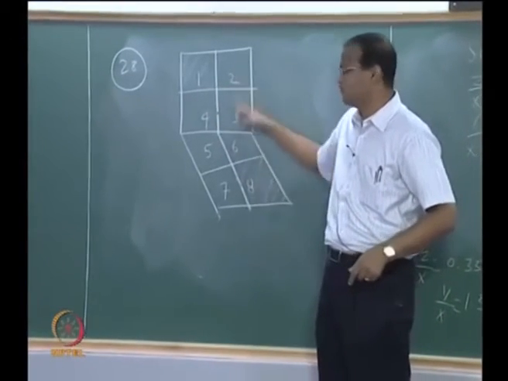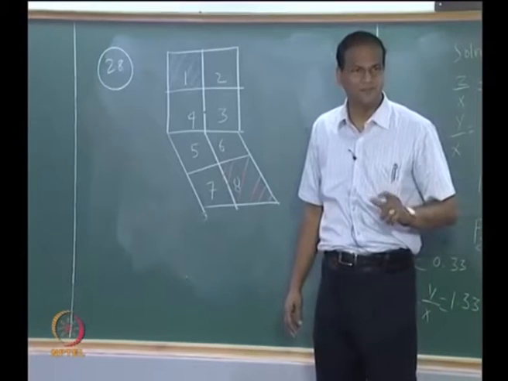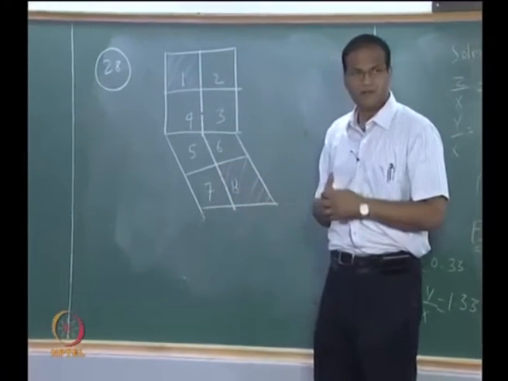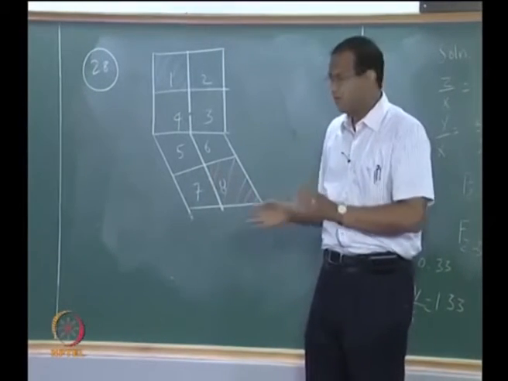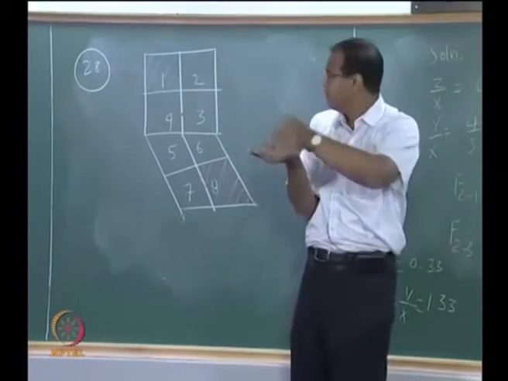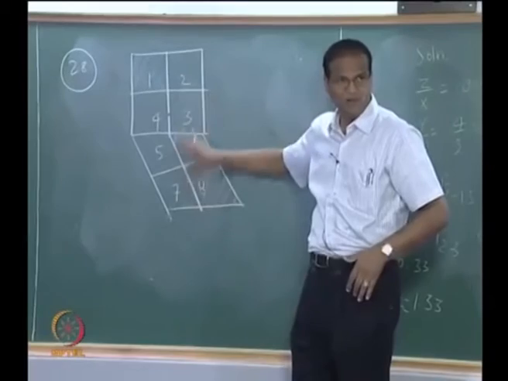F1 to 8 is same as F2 to 7, that is called the law of corresponding corners. F1 to 8 is the same as F2 to 7, okay, if it is properly oriented, and then depending on the size and all that.